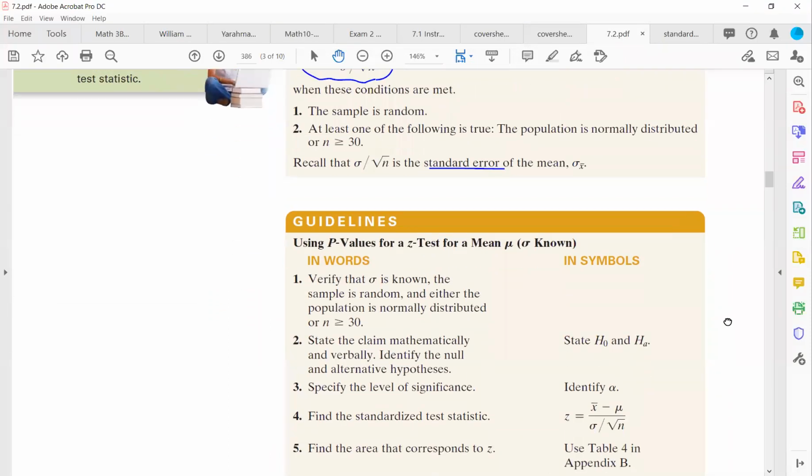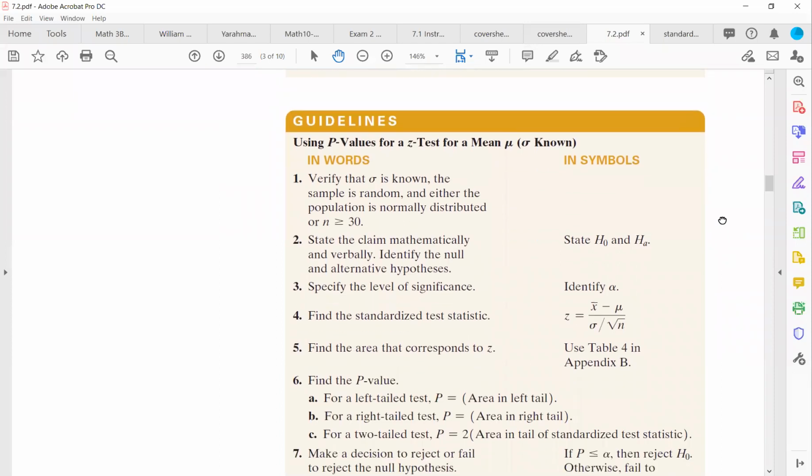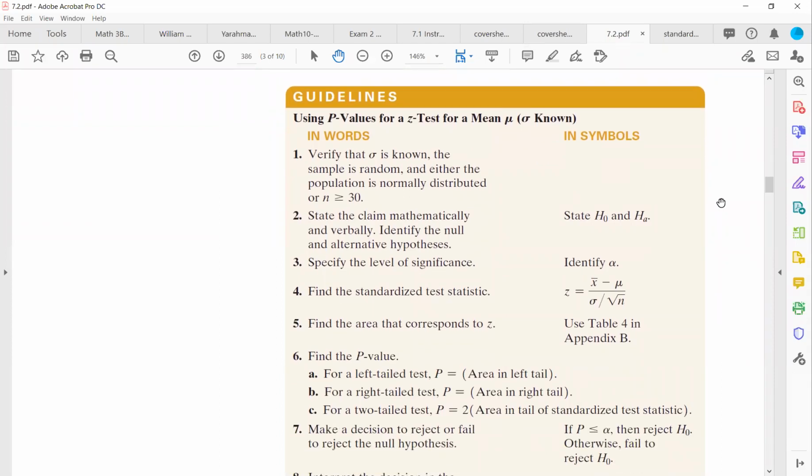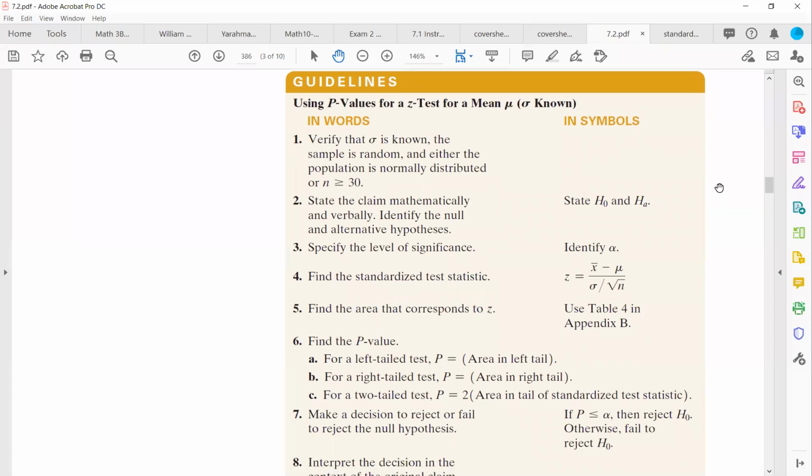So in general, to decide about your null and alternative hypothesis, you have to follow the guidelines here. First of all, verify that sigma, the population standard deviation, is known, and the sample is random. You either know the population is normally distributed, or you know that the sample size is greater than or equal to 30.